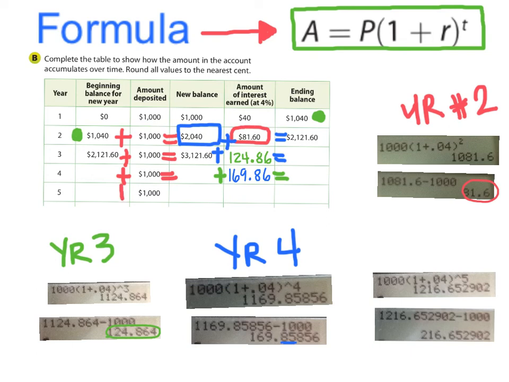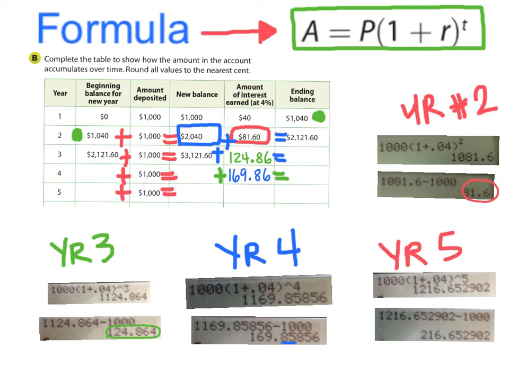I'm still going to add $1,000, and then I'm going to get a quantity. Remember, that quantity, whatever is here, has no impact on the interest rate. I'm still using the same exact formula, the original amount times 1 plus the interest rate as a decimal times whatever year I'm on right now. So the last one that I'm going to do for you guys is year 5.